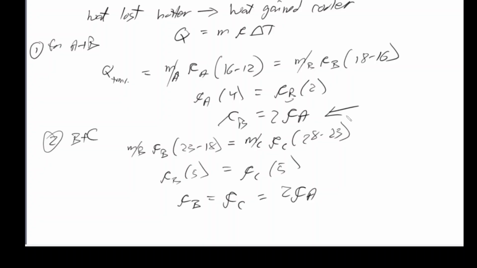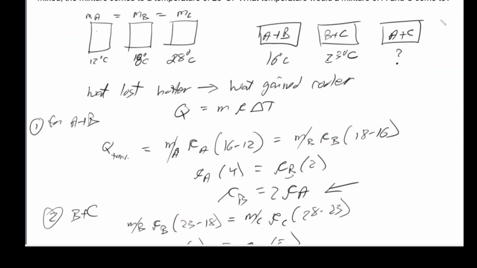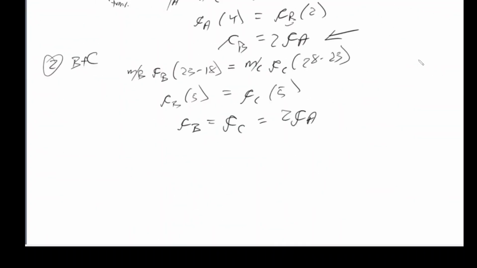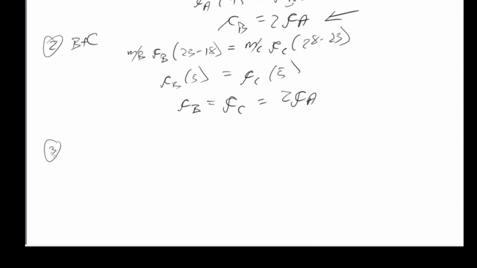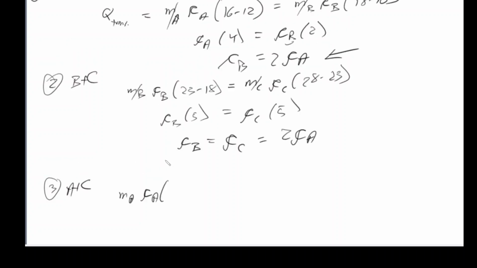Now, let's go to our third system, which is the unknown. This is for A plus C. And going through that again, the mass of A times the specific heat of A times the difference in temperature.